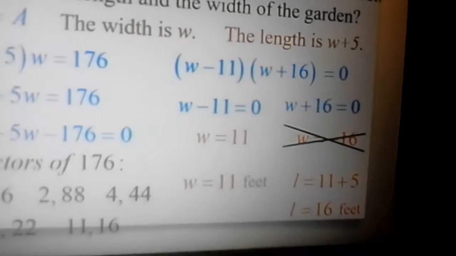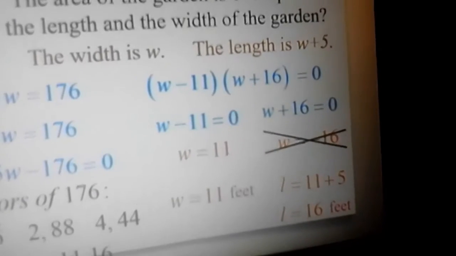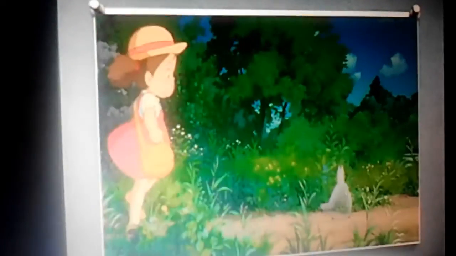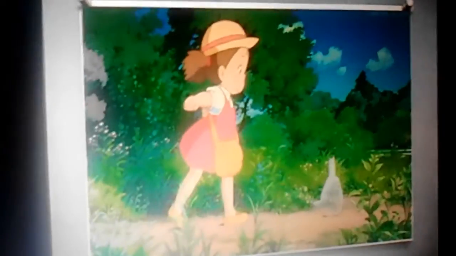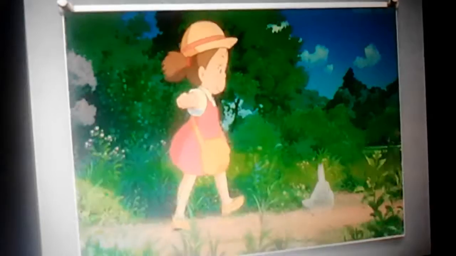So, our length is equal to 16 feet and our width is 11 feet. So, those are the answers for the rectangular garden. So, we can find the dimensions or the area of the rectangular garden based on our quadratic equation.